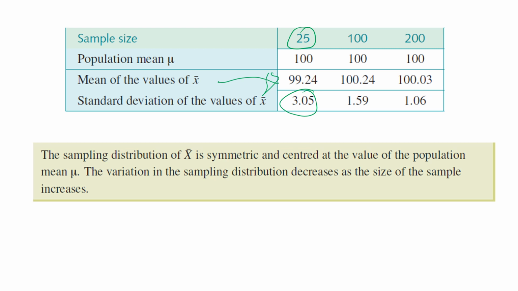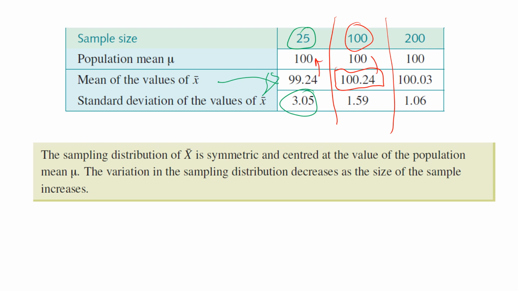It's centered on 99.25. Now, if we increase the size of our sample by a factor of 4 to 100, so 100 people are sitting the IQ test, we work out the average IQ across the 100, and then we do that a whole bunch of times. What we find is it starts to center around a value closer to the population mean. So this differed by 0.76.